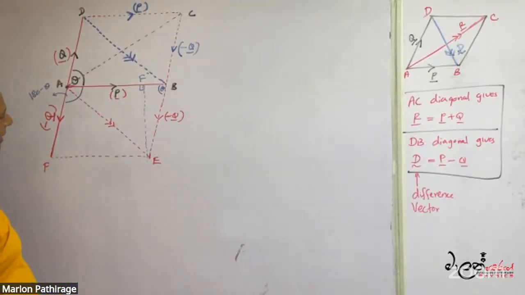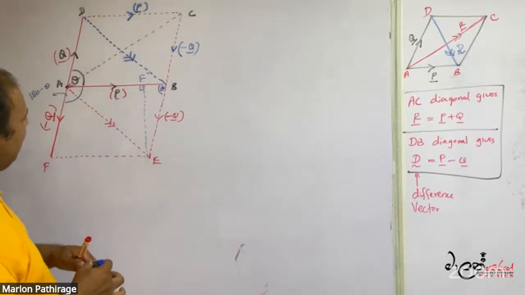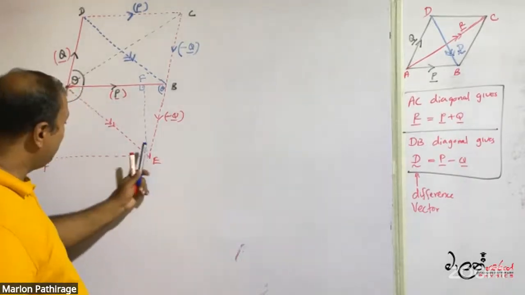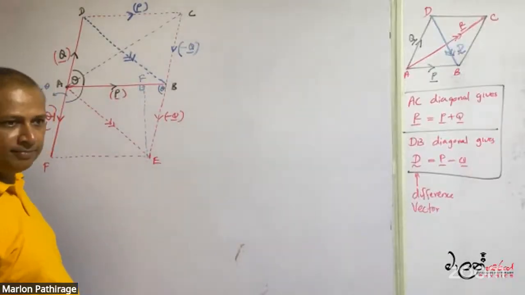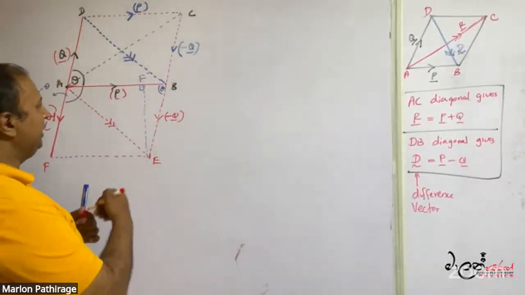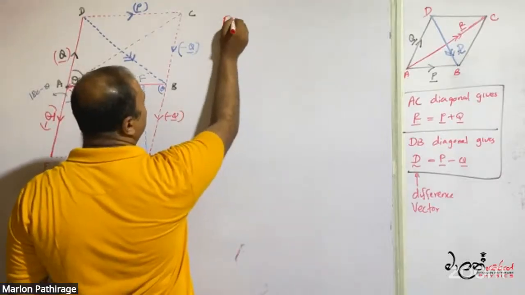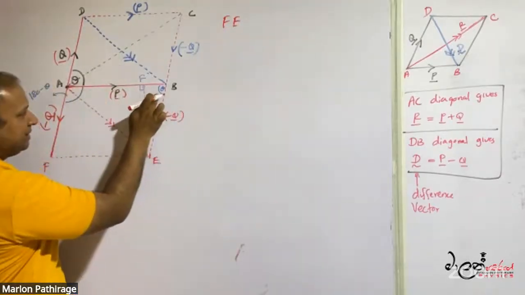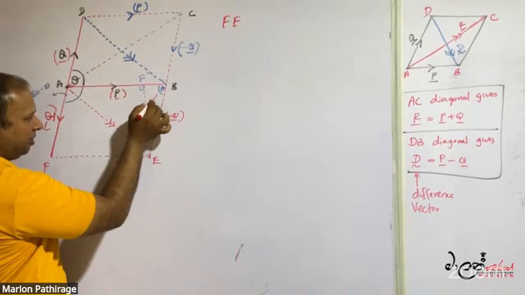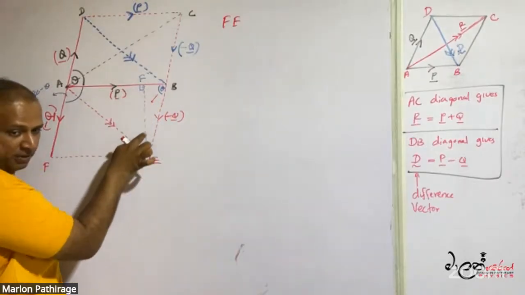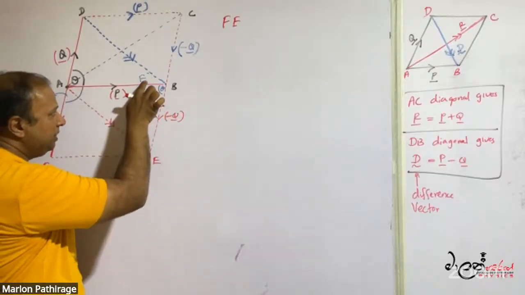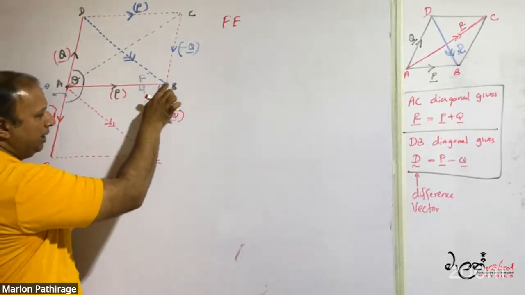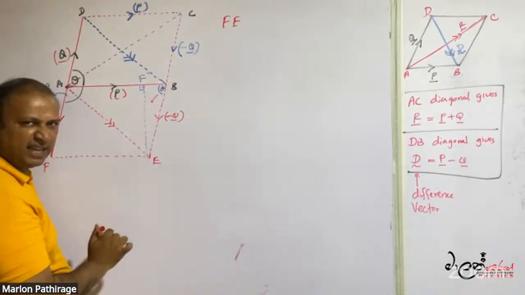Then I can write expressions for FE and FB. It is very clear to take FE. FE is the opposite side to this angle. Therefore, FE should be equal to hypotenuse into sine theta.